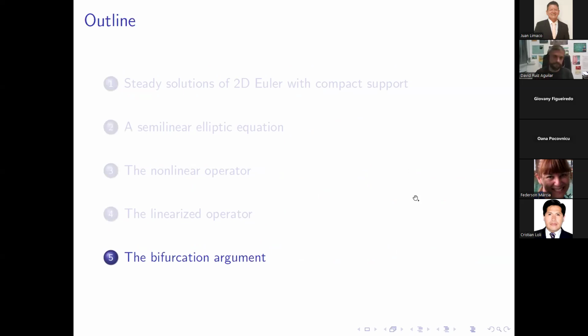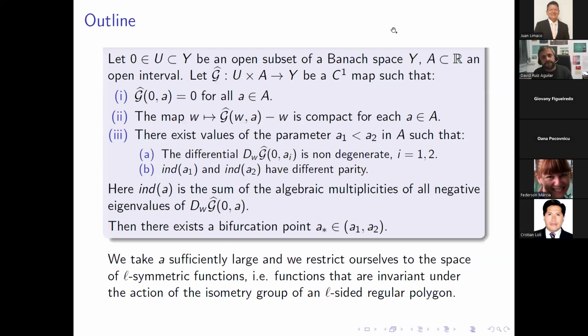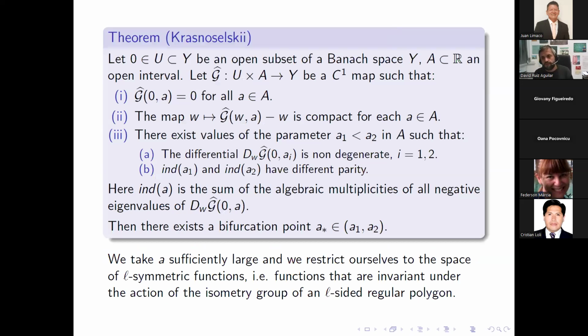Okay, so now we go to the bifurcation argument. The theorem that we are going to use is usually called the Krasnoselskii theorem, which is based on the degree. So basically, you have a map, as I mentioned before, such that you have a trivial family of solutions. In our case, this is the one-parameter family of radially symmetric solutions that I explained before. You need that the map is identity minus compact, and this is important.